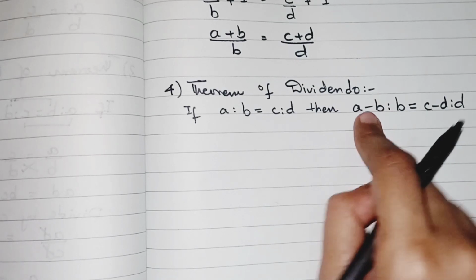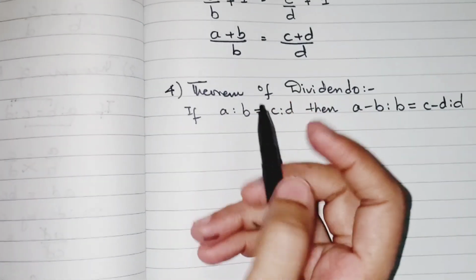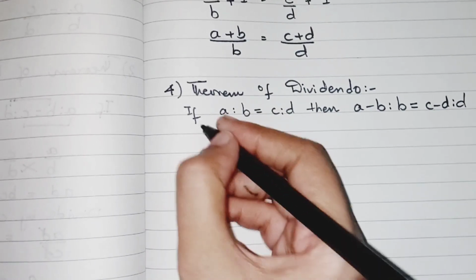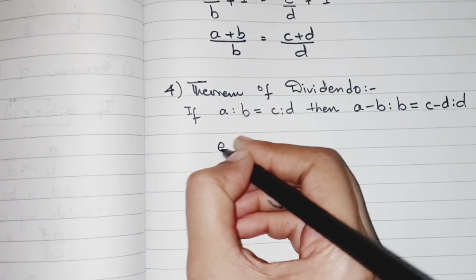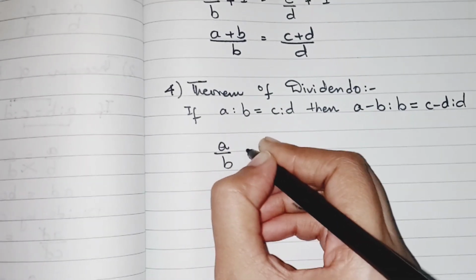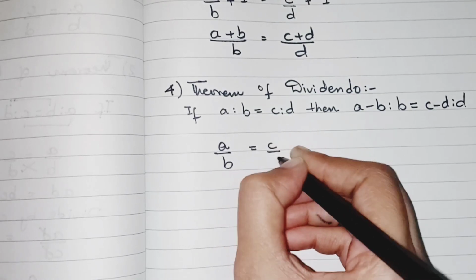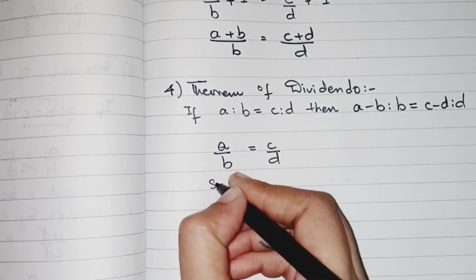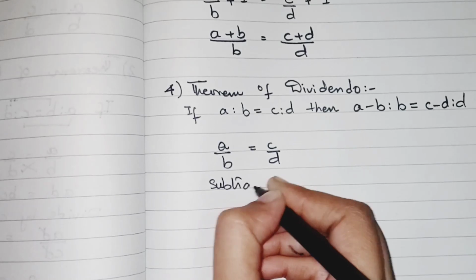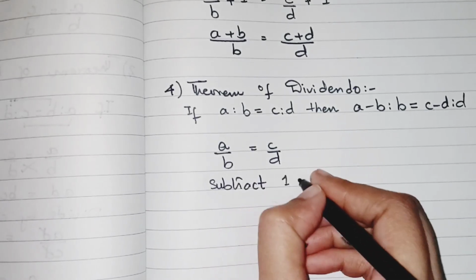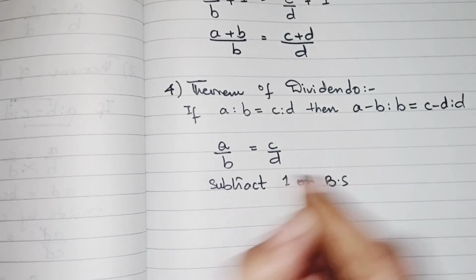It means we have to subtract 1 on both sides, like we did in componendo. So over here, writing it in fractional form, A upon B is equal to C upon D, we subtract 1 on both sides.